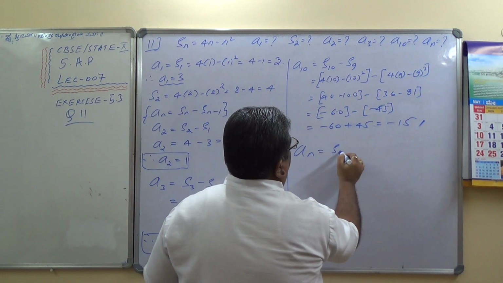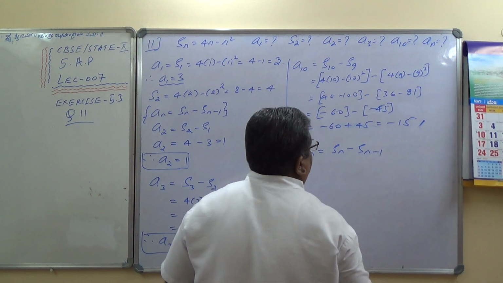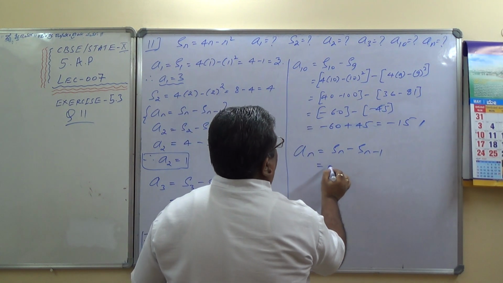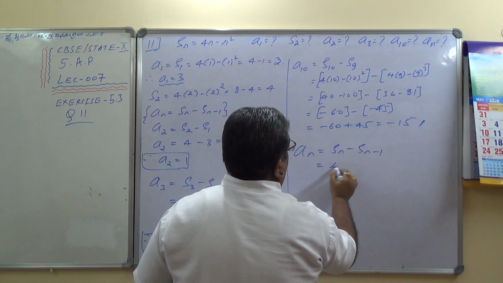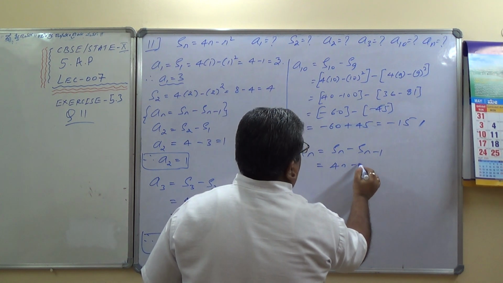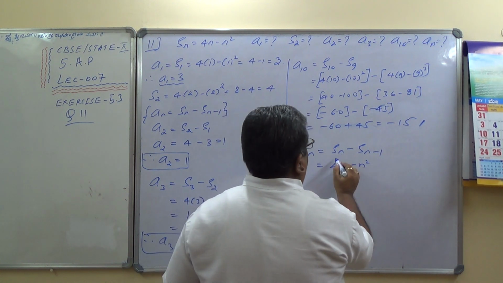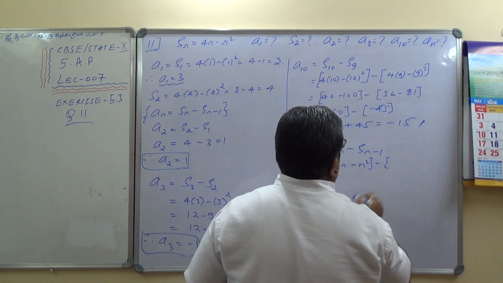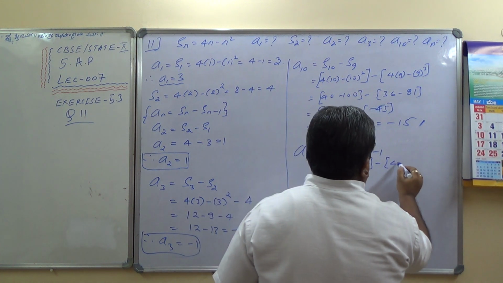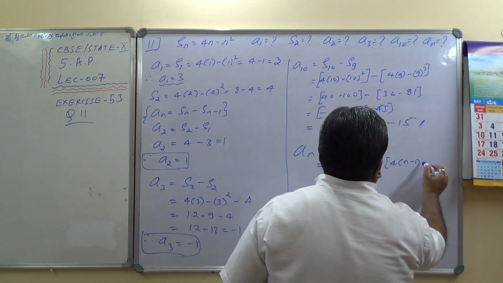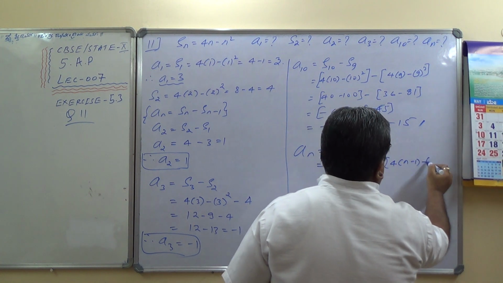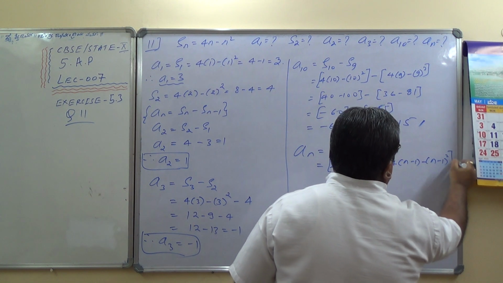An equals Sn minus Sn minus 1, which is equal to 4n minus n square, minus 4 times n minus 1, minus n minus 1 the whole square.